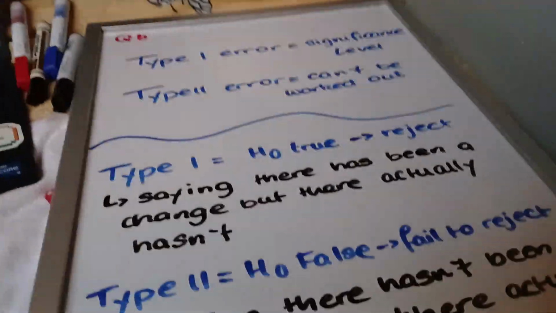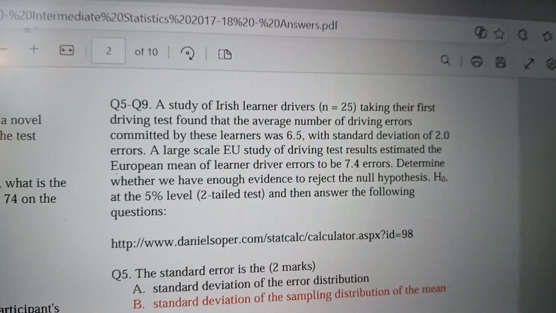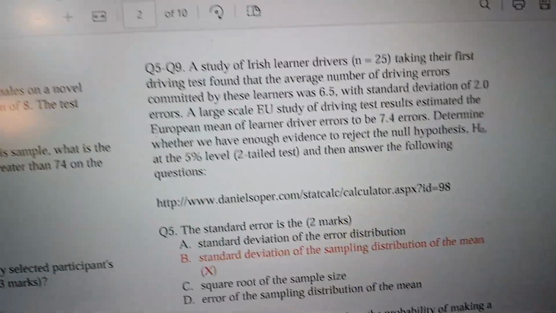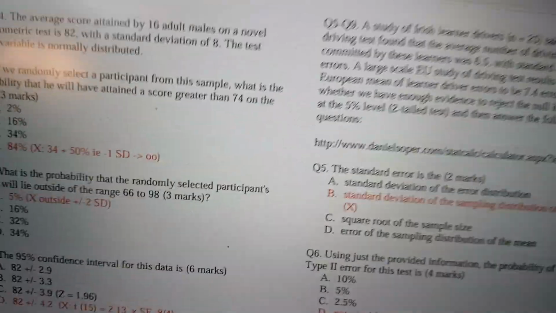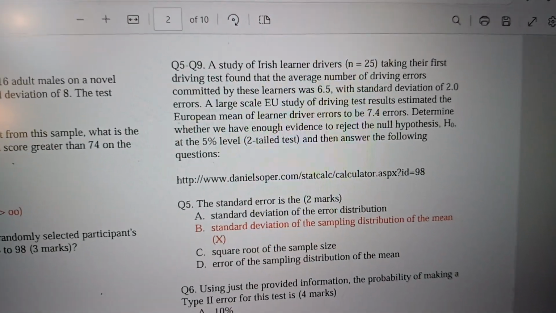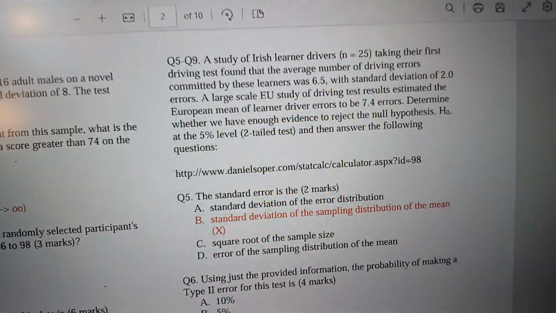So that's question 6. For question 7, it's asking for the test statistic using all this information up here. We're going to start by writing down information from the question. A study of Irish learners, so N equals 25, taking their first driving test, found the average number of driving errors committed by these learners was 6.5.